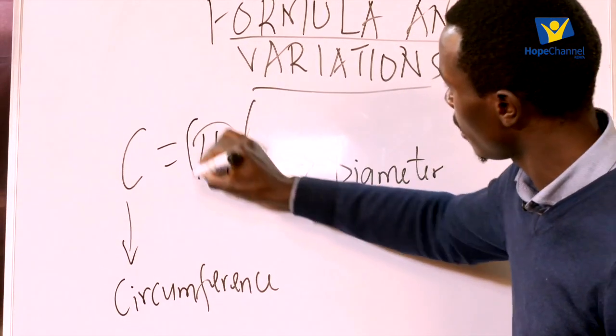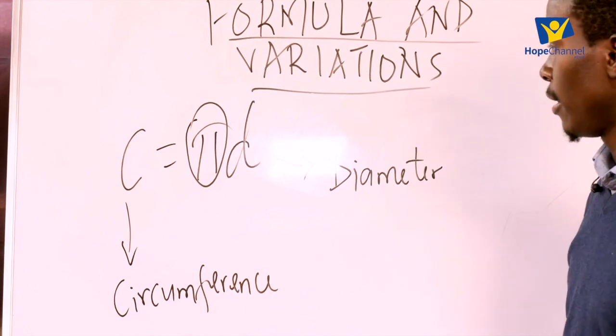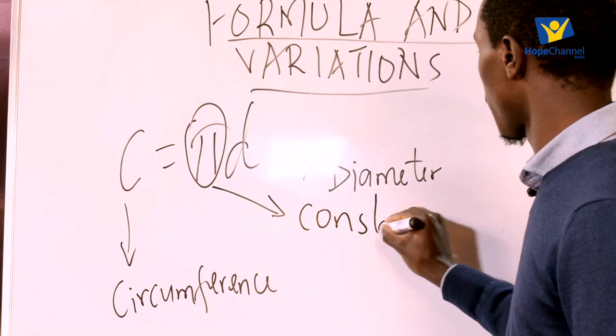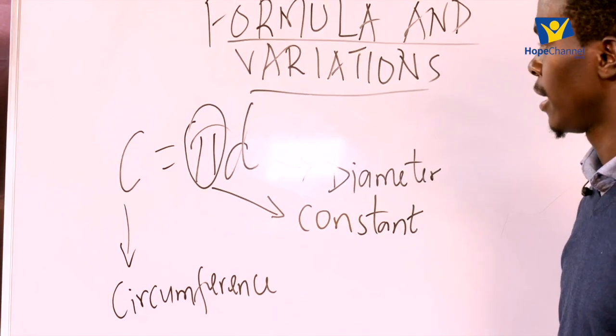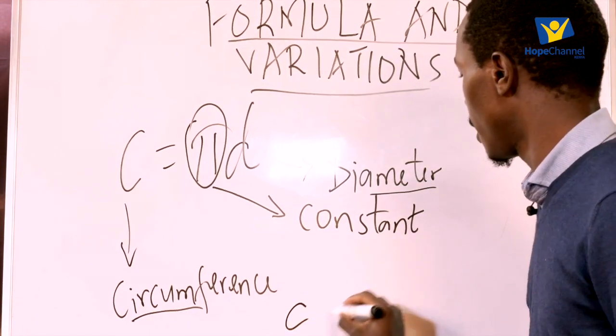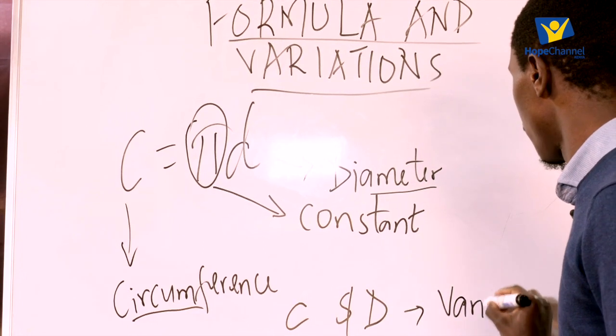However, there is another sign in that formula, and in this case it is known as a constant. Pi itself is not a quantity because it is not varying. These others, the circumference and the diameter, that is C and d, we call them variables.